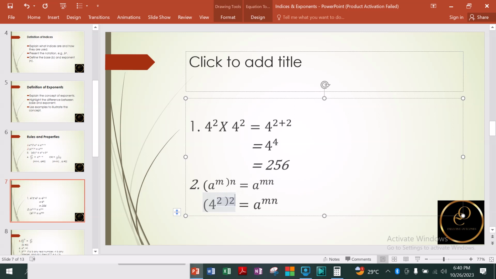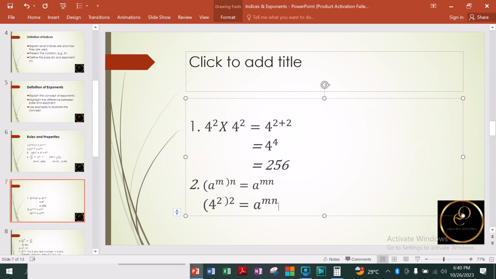So what it means is that when you have this type of arrangement, the common base raised to power m, then everything raised to power n, is the same as the common base raised to power m times n.